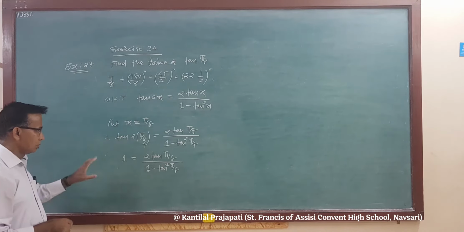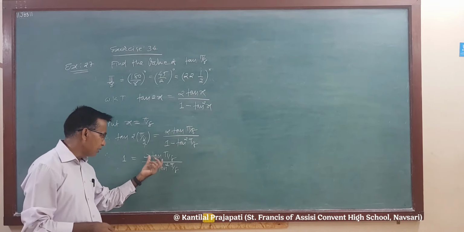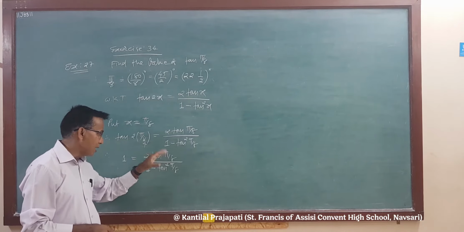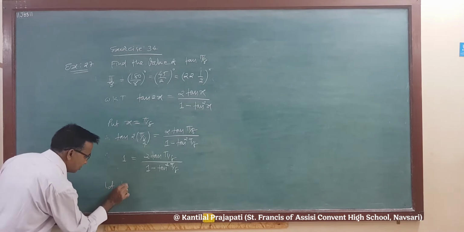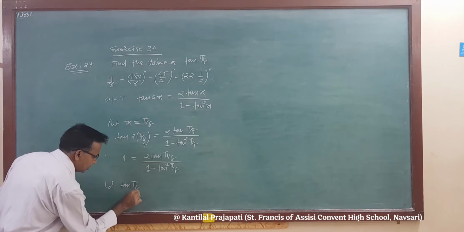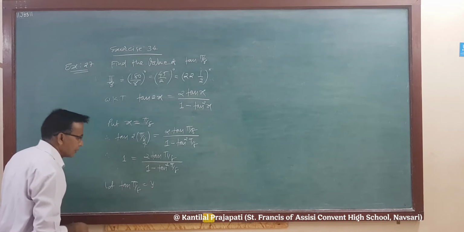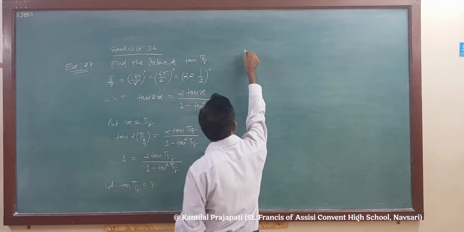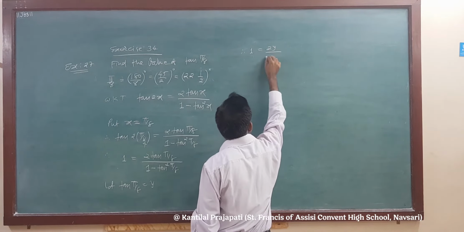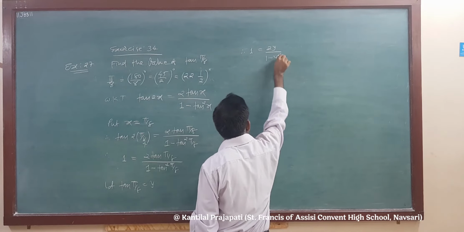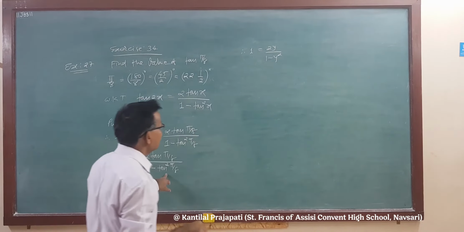To write in a simple form, for convenience, we suppose tan pi by 8 is y. Then the equation will be in terms of y. So 1 is equal to 2y upon 1 minus y square.